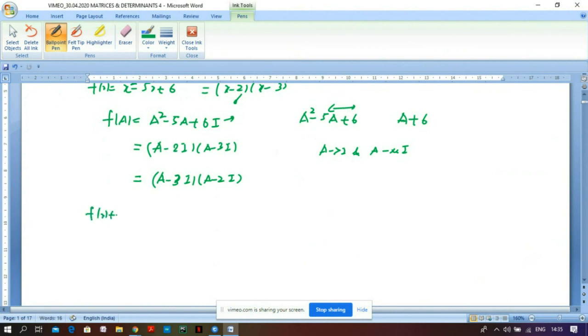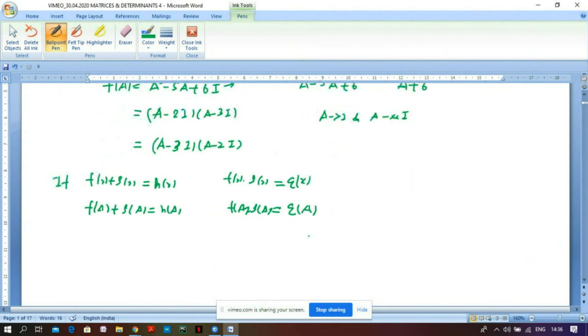If we have f of x plus g of x is h of x, and f of x times g of x is q of x, some polynomial, then if you do it for matrices, f of A plus g of A still is h of A, and f of A times g of A is still q of A. Means you can replace x as if x is a matrix A. So this is what is known as the algebra of polynomial matrices.